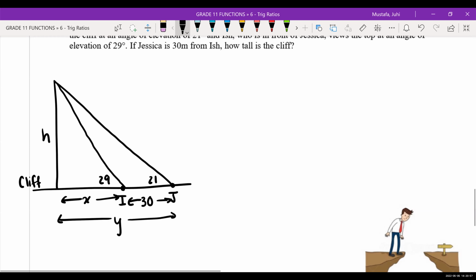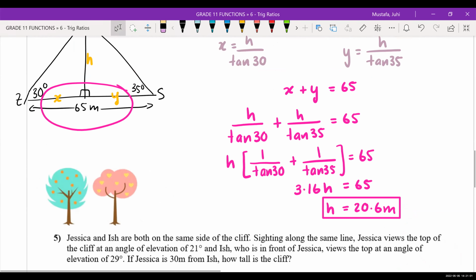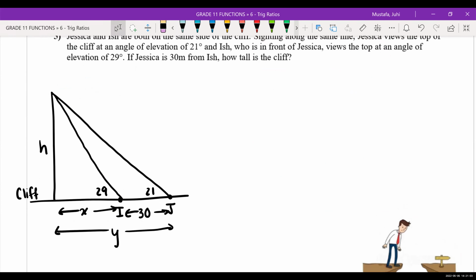We're using the exact same idea that we used up here to solve this question. We're going to begin by figuring out 2 different expressions, one for one triangle, the other for the other. Let's look at this triangle here first. We have 29, this is opposite, this is adjacent.